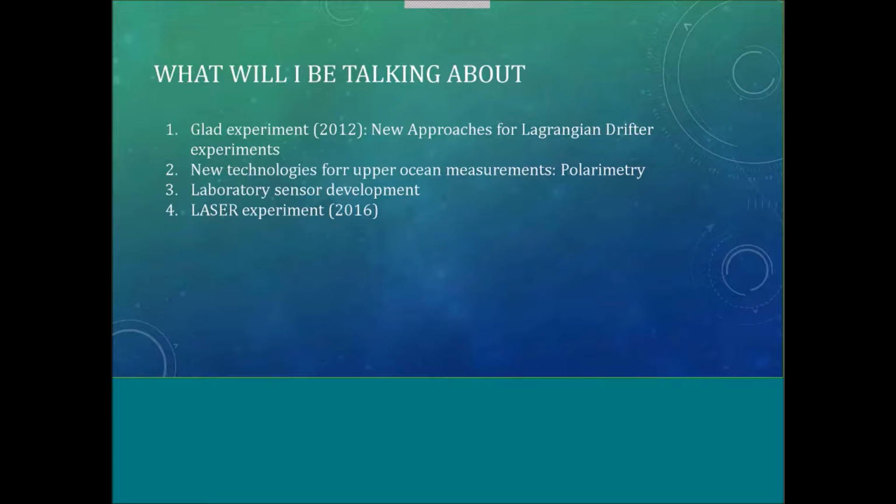And then I'll be talking about some work that we're doing using optical sensing to get really near the surface, and how we develop these technologies in the laboratory here at the University of Miami that you'll see later today. And then how these new developments, we had this first field experiment in 2012, and then we've had a chance to do a lot of sensor development and go back out again earlier this year to make a bigger and better version of that transport experiment.